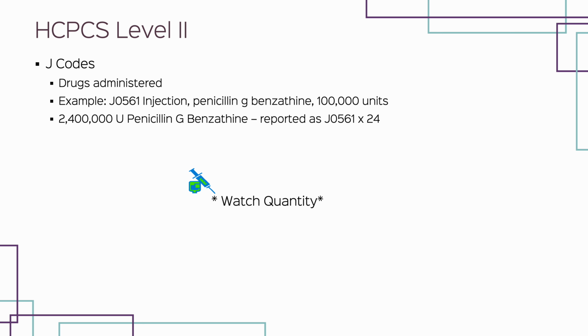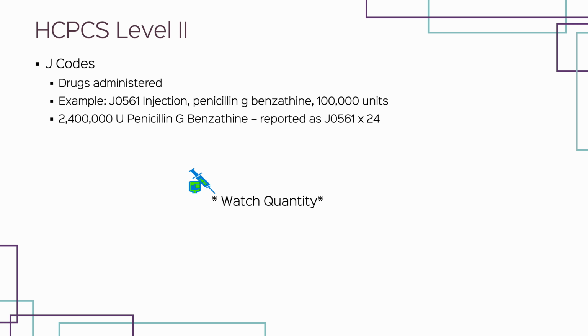For example, J code J0561 is for penicillin, and it reports 100,000 units. If a provider administers 2.4 million units, then you would report J0561 times 24, 1 unit for each 100,000 units that are given.